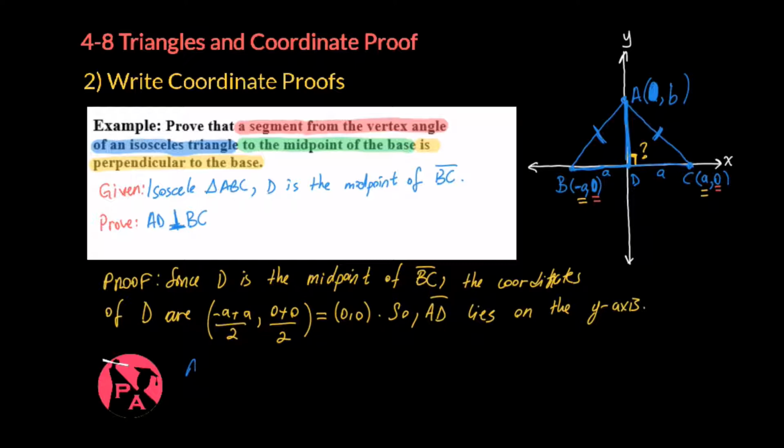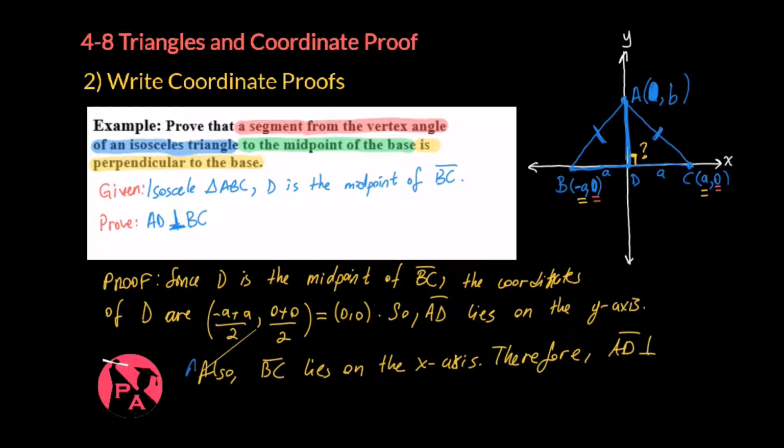Also, segment BC lies on the x-axis. Therefore, segment AD is perpendicular to segment BC, since the axes are perpendicular.